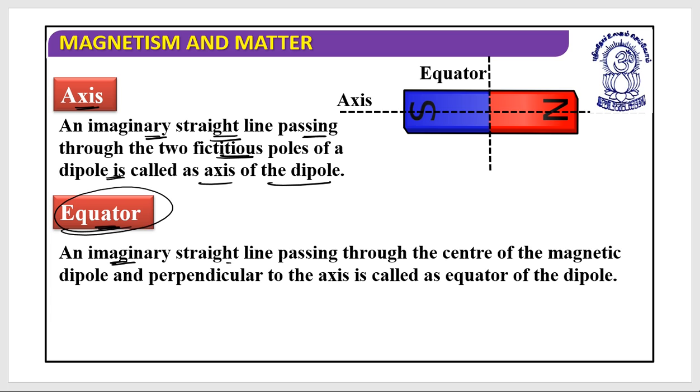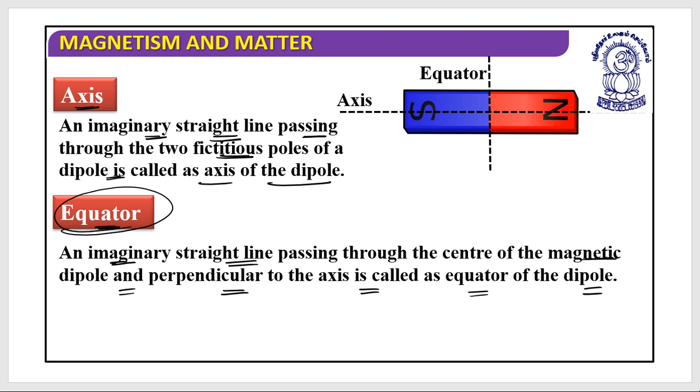It is an imaginary straight line passing through the center of the magnetic dipole and perpendicular to the axis; that is called the equator of the dipole. Is it clear?